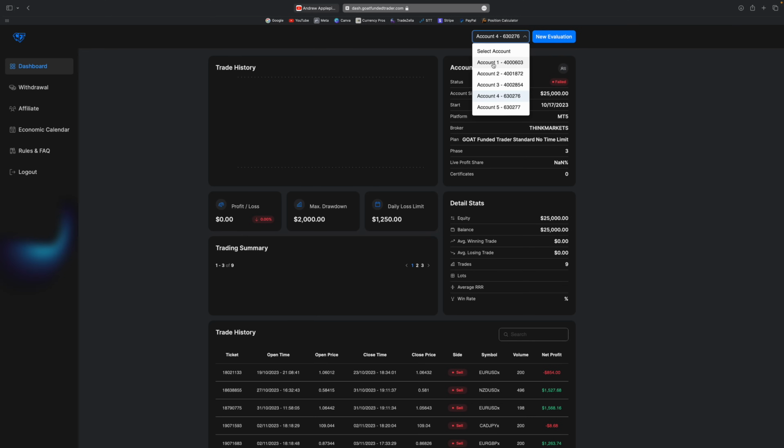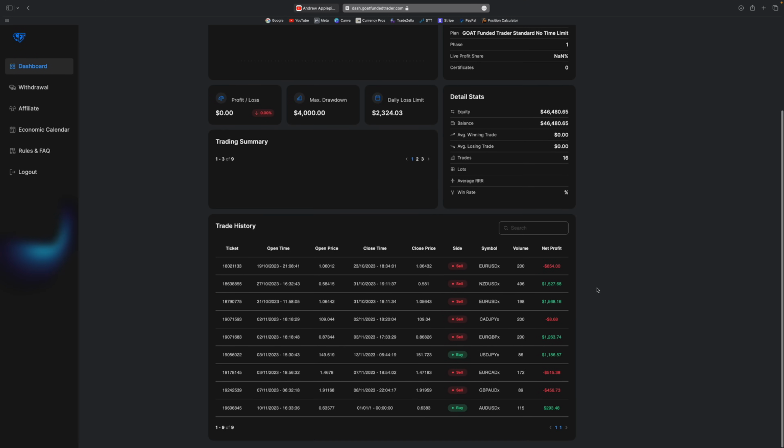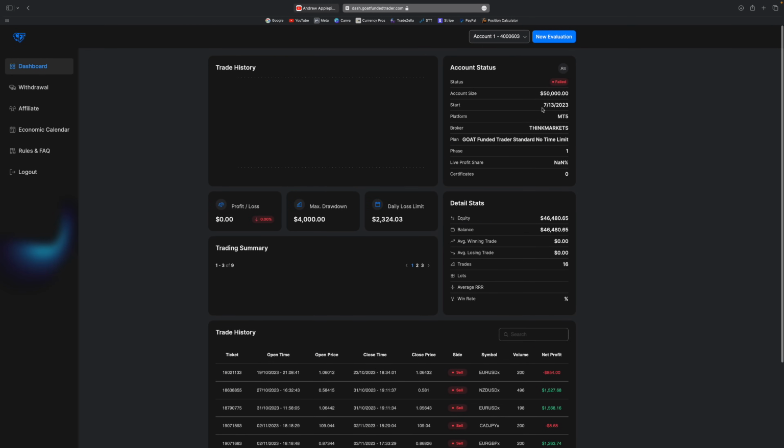But I want to start out with account 1 actually, because I first failed this challenge. I took the 50K and unfortunately I failed it. There's of course no time limit, but I wasn't profitable enough. I wasn't profitable enough with this account, and I ended up losing this challenge. Now, phase 1 of the account right here, and phase 2 right here.